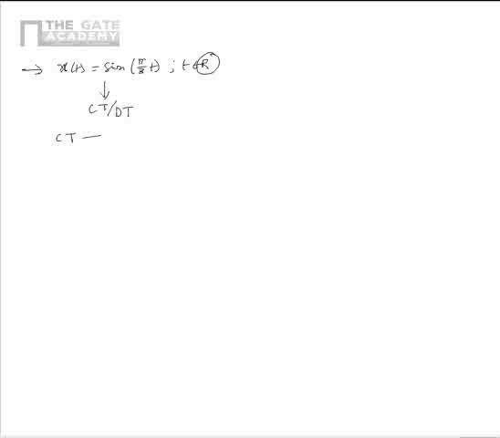We know that a signal is a continuous time signal if it is defined for all instants of time t, so t should belong to R, and the signal is called a discrete time signal if it is defined only at specific values of the independent variable. But here the signal x of t is equal to sine pi by 3t, and t belongs to R. So the signal is defined for all instants of time, and the signal is a continuous time signal.